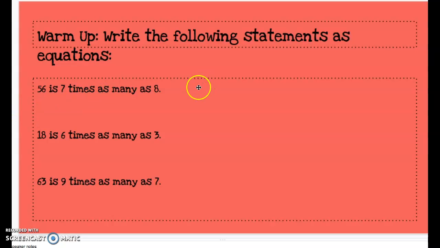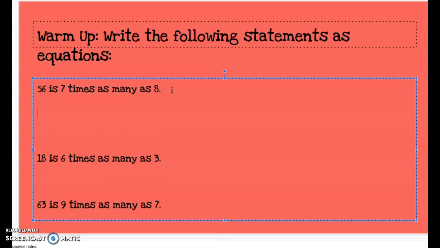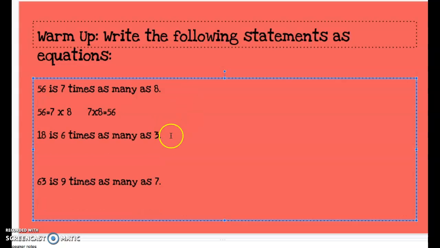All right, welcome back. So 56 is 7 times as many as 8. That's making me think that 56 is equal to 7 times 8. I also could have written 7 times 8 equals 56. Both are getting me the same answer.